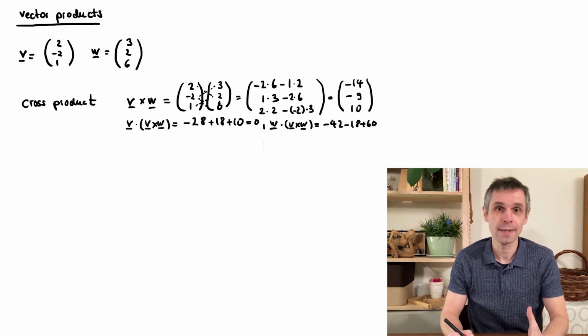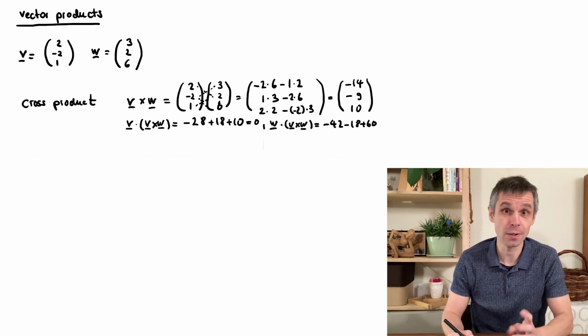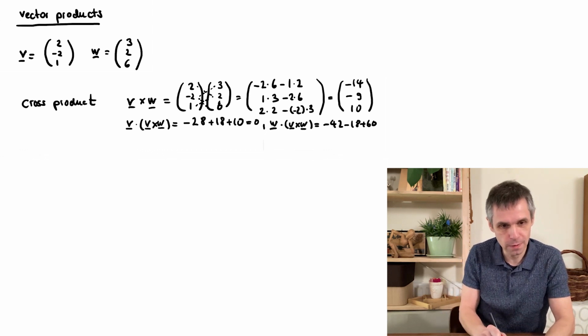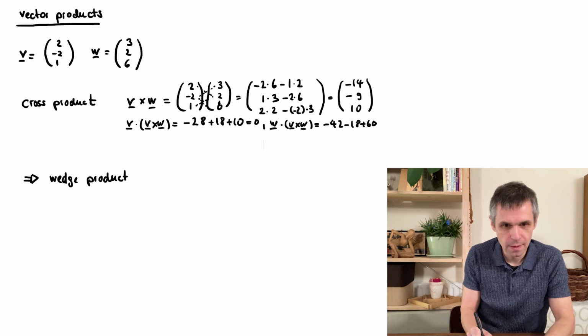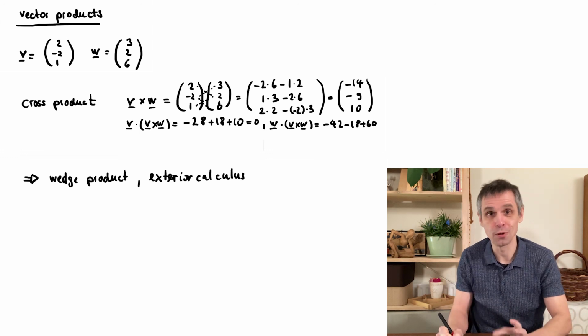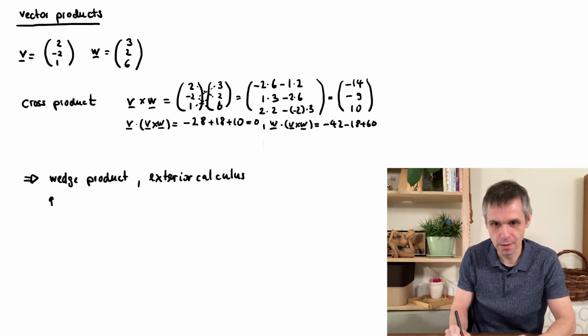Also, the cross product has its generalizations, but we will not need them. But just for fun, when you think about how it, for instance, features in Stokes' theorem, this can be generalized into the wedge product. And this forms the basis of exterior calculus, which is all about differential geometry. So this is the language of general relativity.